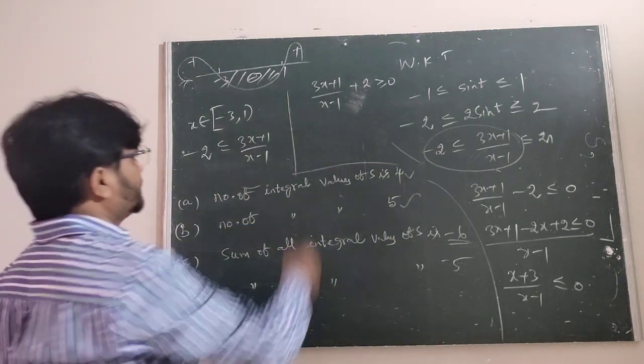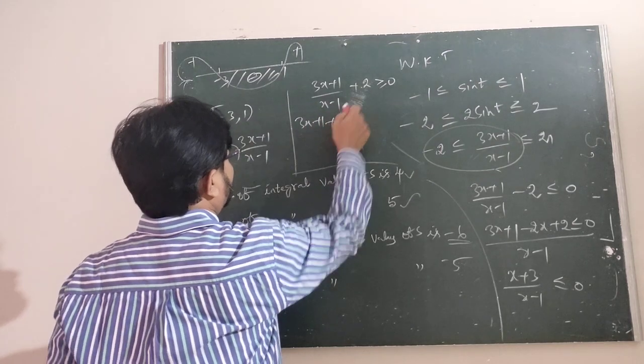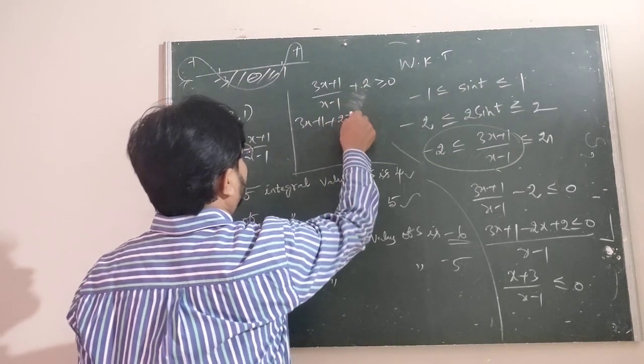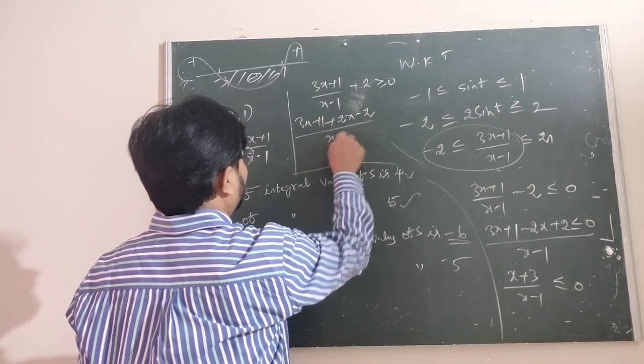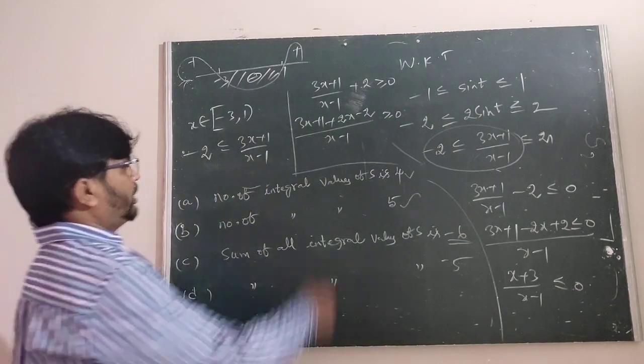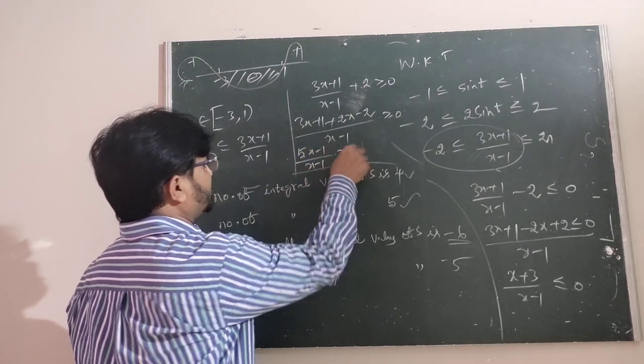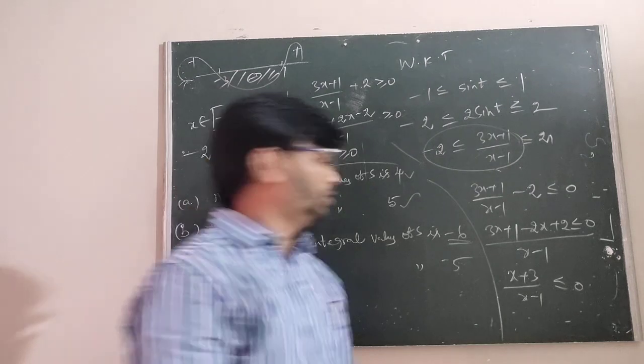Now multiplying, we get (3x plus 1 plus 2x minus 2) whole by (x minus 1) greater than or equal to 0. Now this is (5x minus 1) by (x minus 1) greater than or equal to 0.